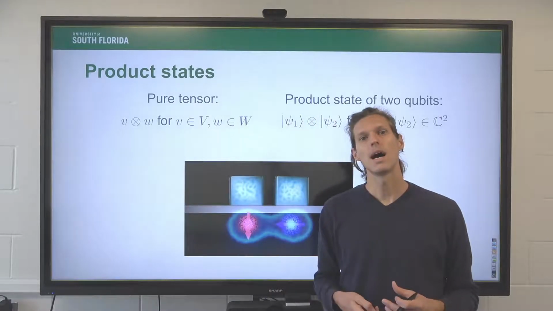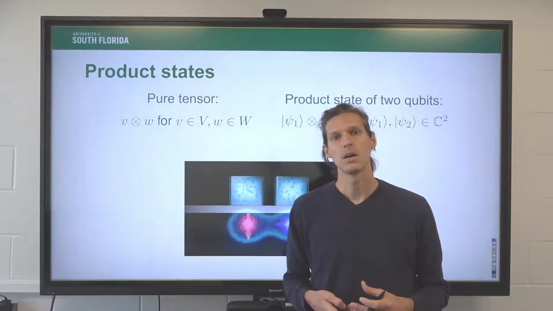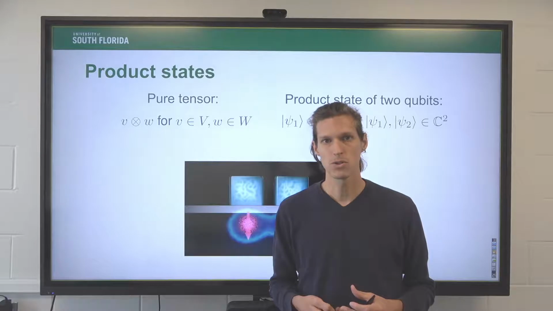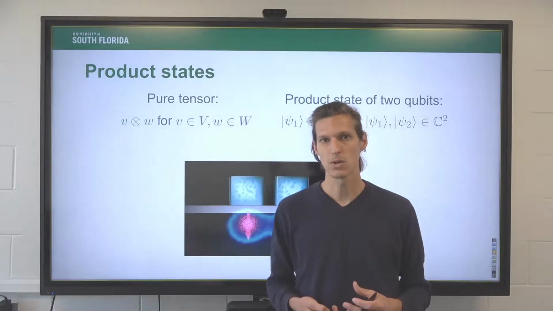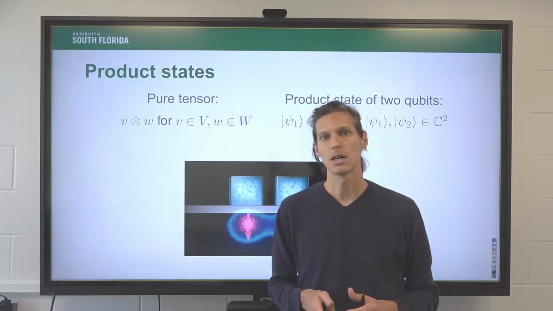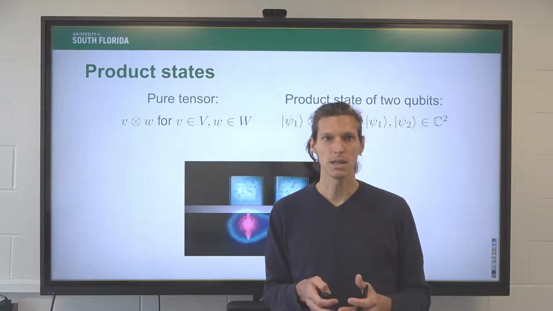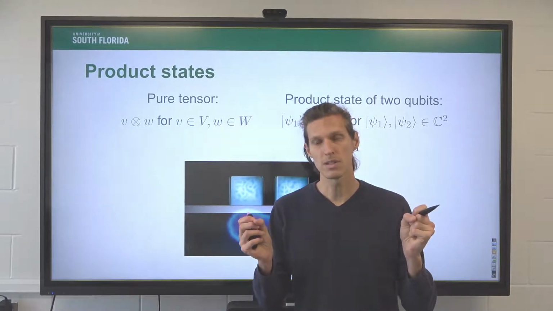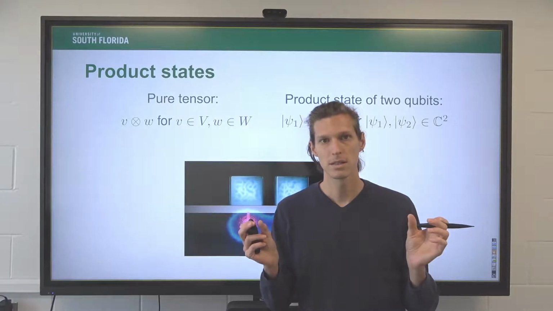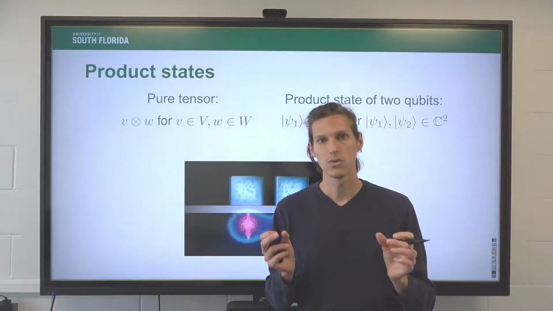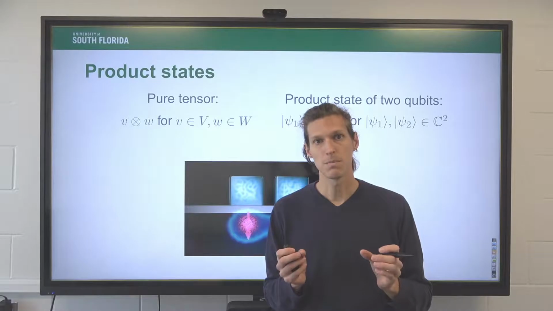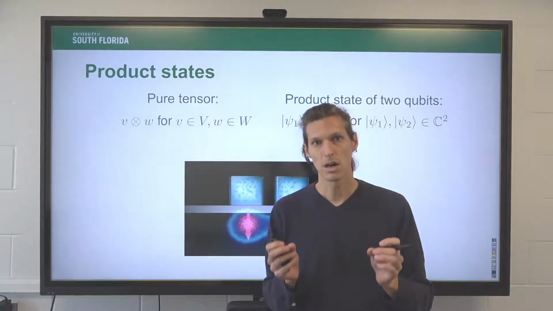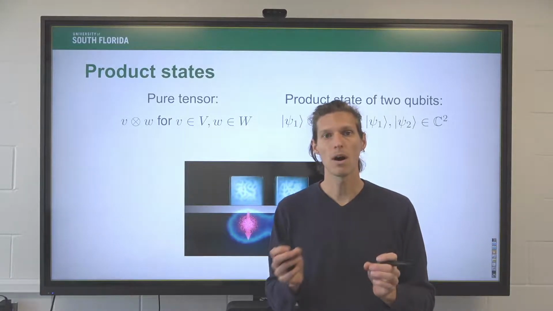So now what happens when we try to apply this to multi-qubit systems? It turns out we postulate that when you have a 2-qubit system where the qubits don't interact, the right way to describe their state is by looking at the pure tensor of their states. We call that a product state.